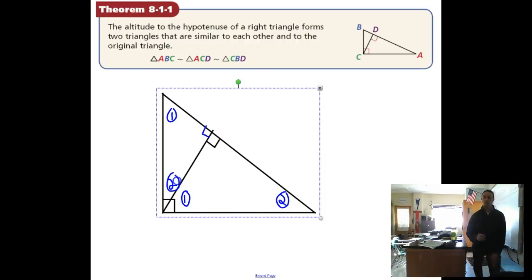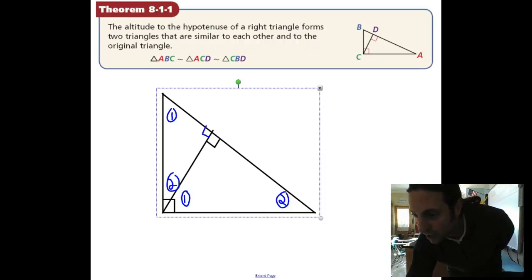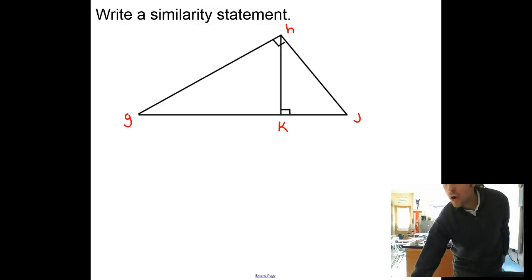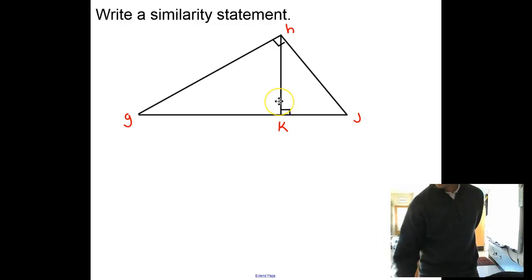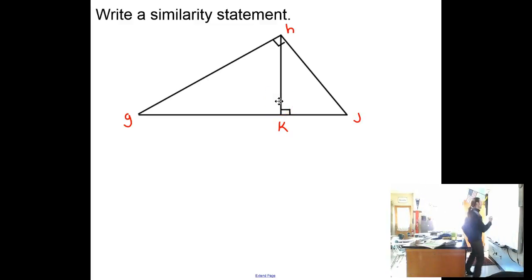And that's really important on the next problem here, because when it says, hey, write a similarity statement of triangle GHJ, and it's got this K point. Well, first of all, I know I've got a right angle, right? So let's just label, I'm going to say this is angle 1, this is angle 2. Therefore, through a process of elimination, that has to be angle 1, and this has to be angle 2.